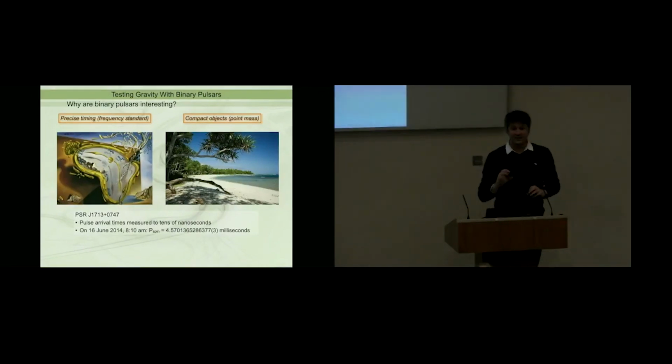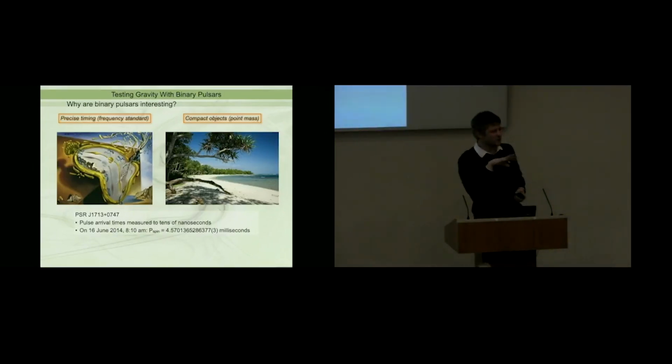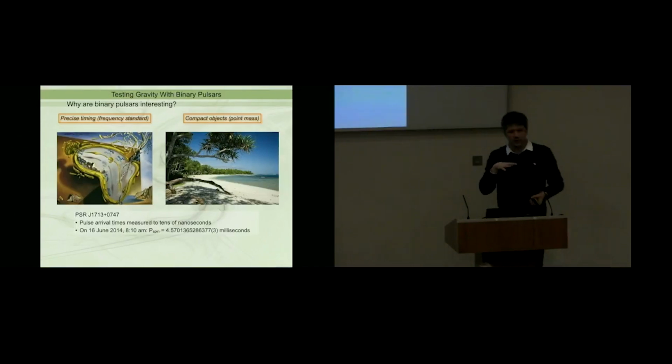Okay? And this simplifies a lot of things, because if you have something like a fluid and something not too dense like Earth, it becomes very messy calculating the trajectories. So we can do it for Earth, but there are lots of corrections and it's a bit cumbersome. So for pulsars, it's a very clean, textbook, ideal case.